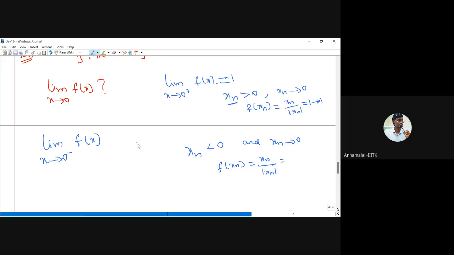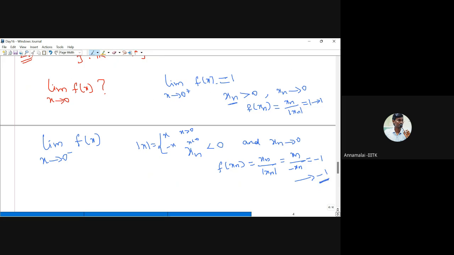Therefore, what is the definition of modulus of x? So quickly we can recall: x if x is positive, minus x if x is negative. Since here xn's are negative, modulus of xn is nothing but minus xn. We can cancel xn, we get minus 1. Therefore, f of xn is the constant sequence minus 1, minus 1, minus 1 which converges to minus 1.